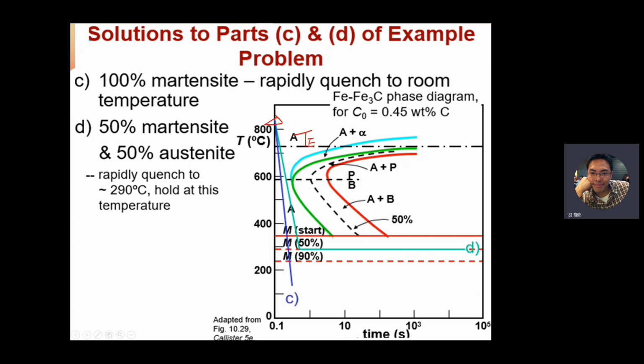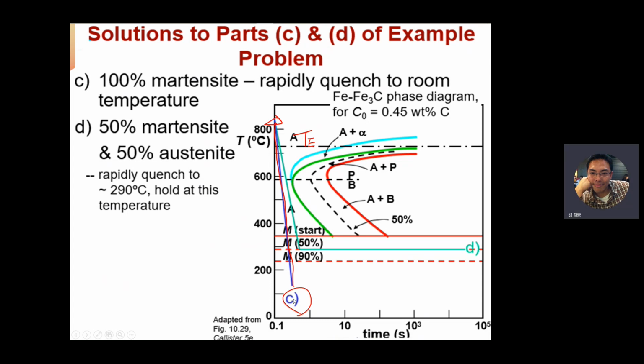If we drop the temperature rapidly, that means the quenching process to room temperature. So the time-temperature path is this one, just dropping the temperature rapidly. Okay, path C, we get 100% martensite.